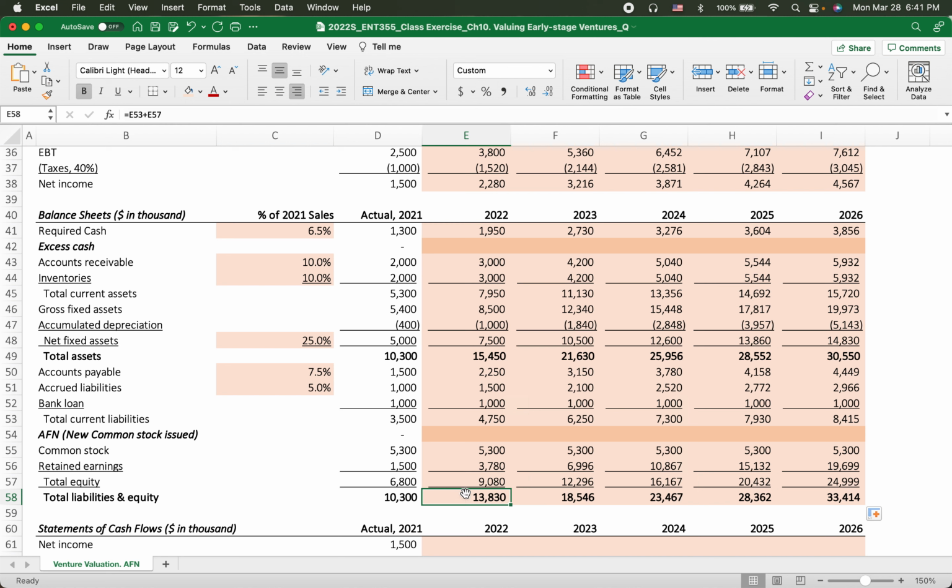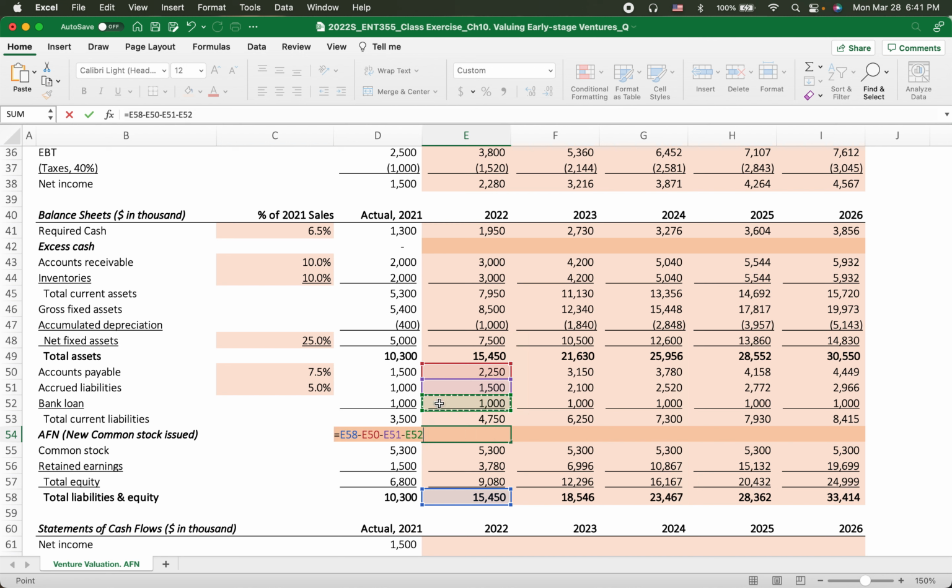Now what we have to do is link this 15,450, because now we assume we already invested, right, by issuing new common stock. So when we find this, it must be this minus each liability account, minus common stock, and then minus retained earning.